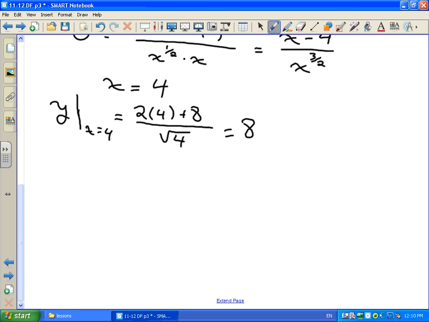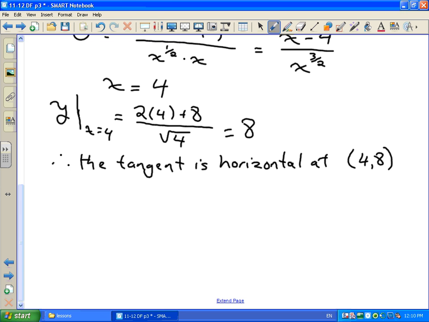So the tangent is horizontal at the point (4, 8). And that's what they were asking for, so we are done.